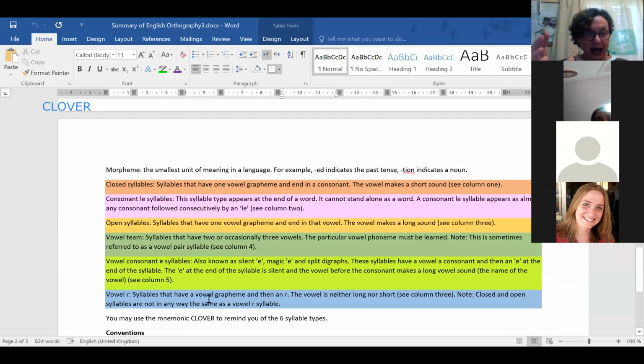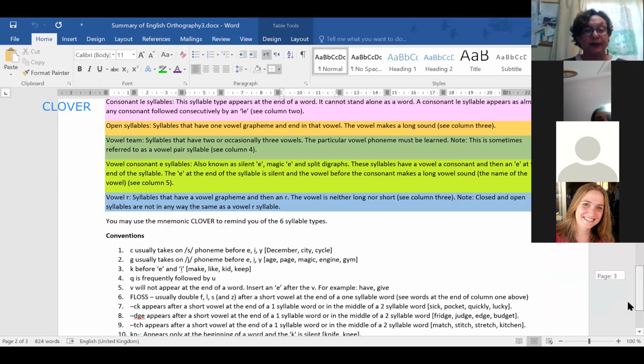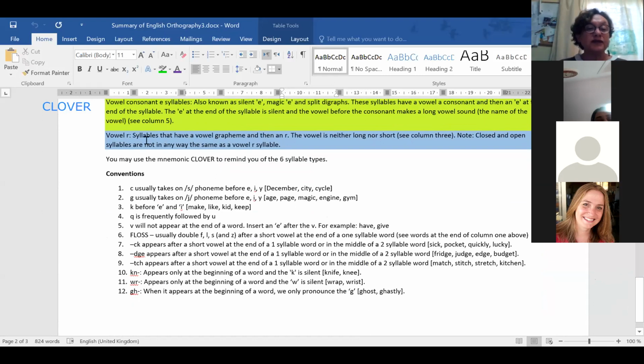So it kind of organizes it for you and gives you in 3 pages a summary of basically the entire orthographic map. Obviously, and you can see here that I've written, you may use the mnemonic clover to remind you of the 6 syllable types. And then in addition to that, there's a whole bunch of conventions here. So you've got, like, for example, these are things that I didn't discuss today again because they belong in the ABC.